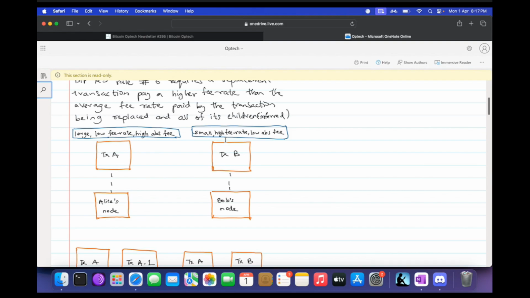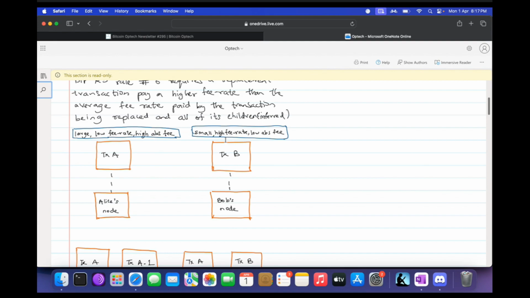What appears prima facie is that 100 sats is more than 20 sats. But what we are not taking into consideration here is that for 100 sats you are giving away 100 virtual bytes, but for the other transaction, for 20 sats you're giving away only 10 virtual bytes. You still have 90 virtual bytes, so you can sell that block space to somebody else.